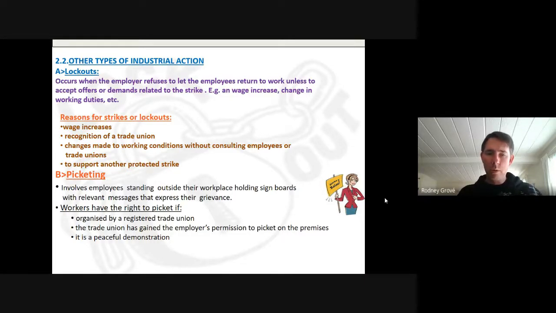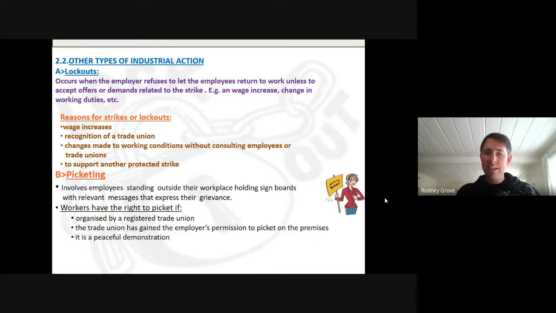Now, why is that important? Because as an employer, you have to collect, by law, the trade union membership fees of your staff and pay it over to that trade union, and recognize that trade union and negotiate with that trade union.